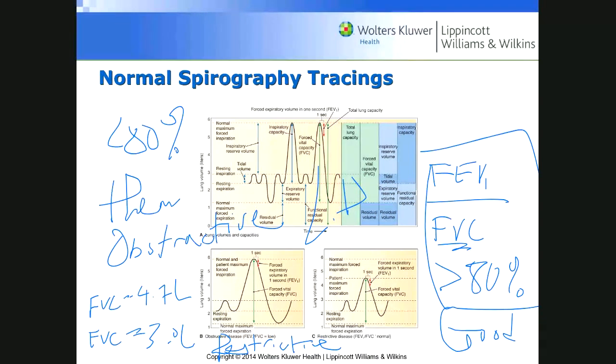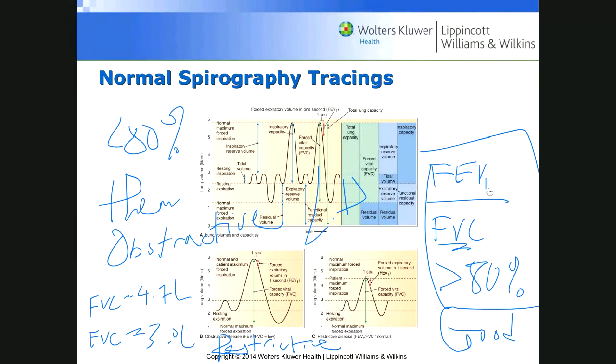So, whoever wrote that down, healthy person less than 80%, I hope that will clarify what you're thinking. Again, and you will see this in the exam question next week, if the forced expiratory volume within the first second relative to forced vital capacity is greater than 80%, you're good.